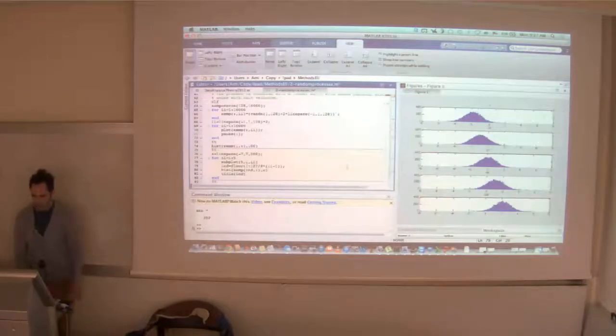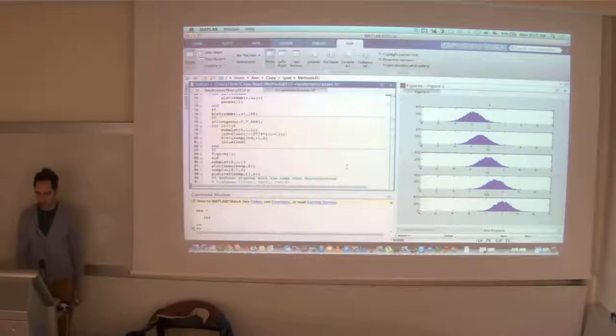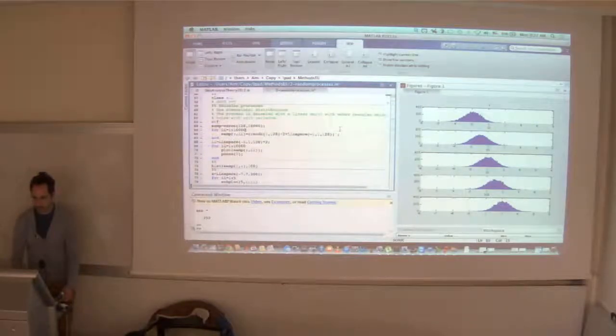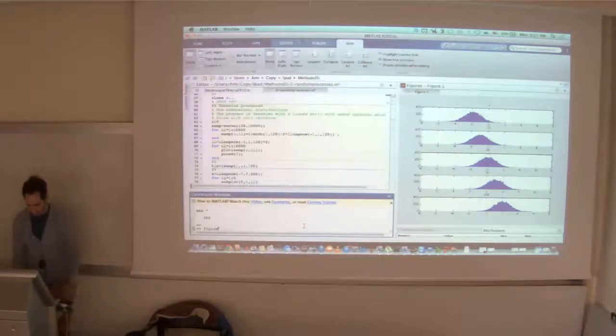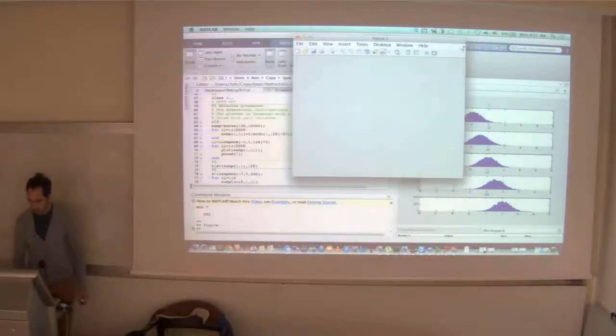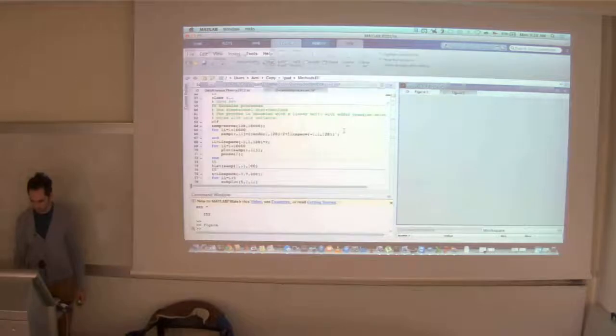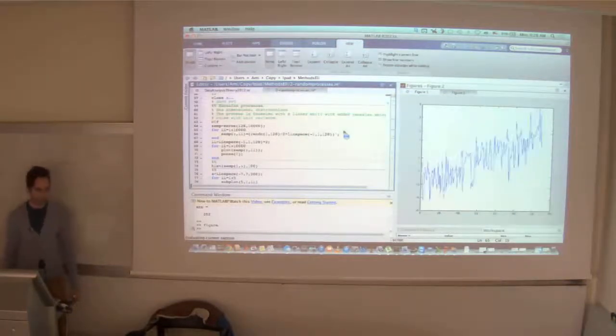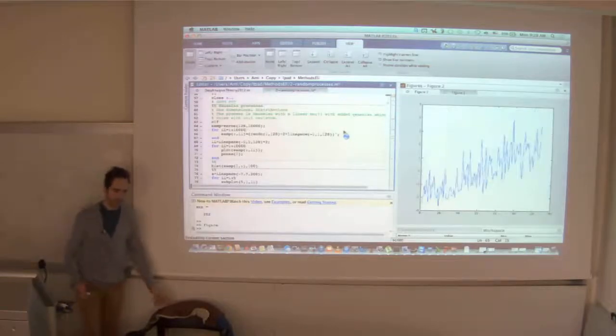So it seems like this process was stationary, right? Because it keeps the same properties in time. Why does the mean change? Let's look again at the process. Why do you call it stationary if the mean changes?